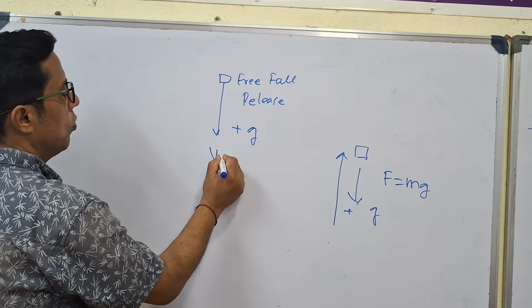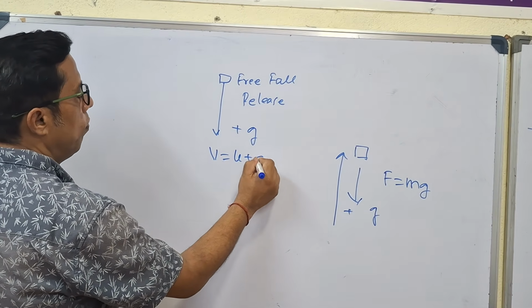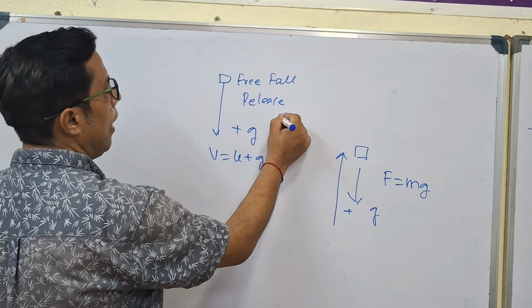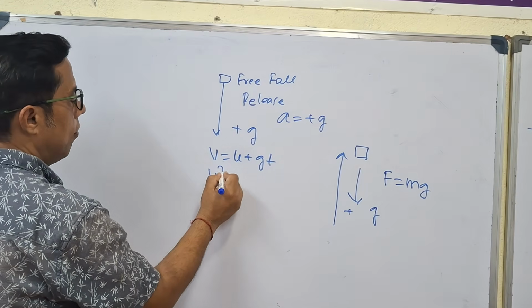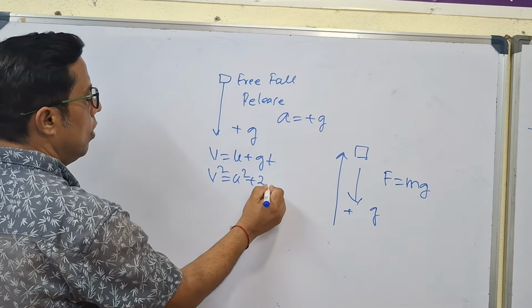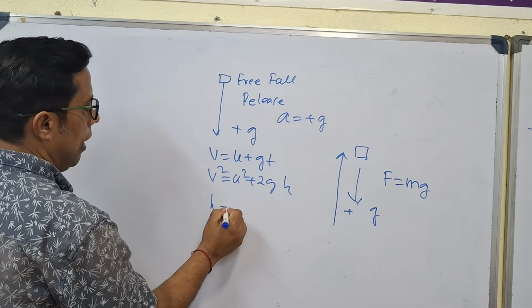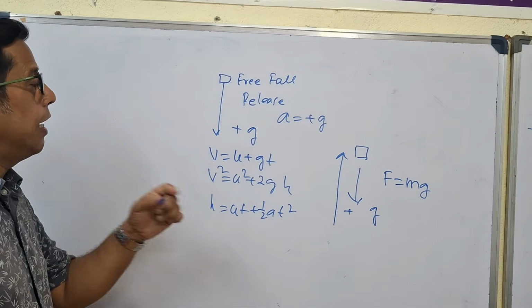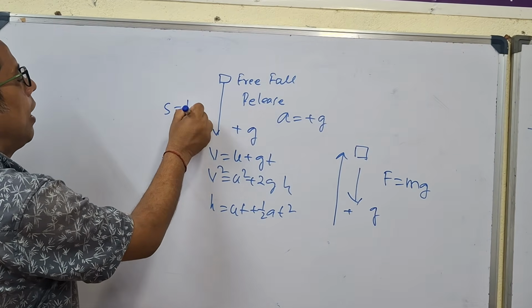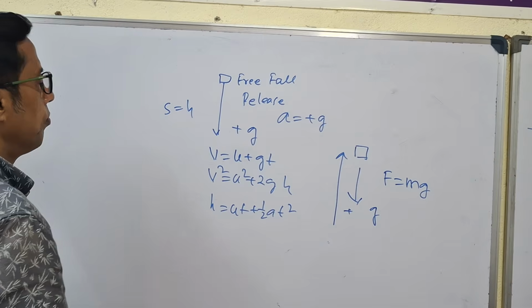So the equations of motion will be v = u + gt. Here we can say acceleration is equal to plus g, right? So v² = u² + 2gh, and h = ut + ½gt². Here s is replaced by h, the height, right?